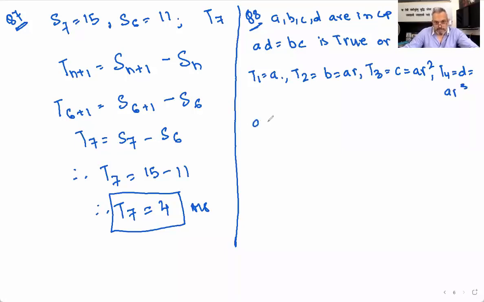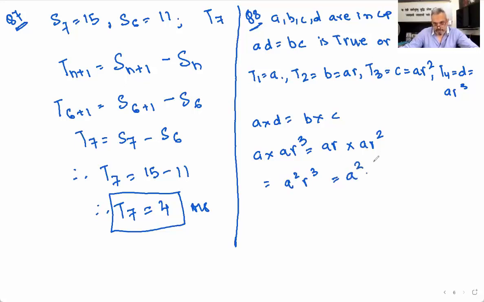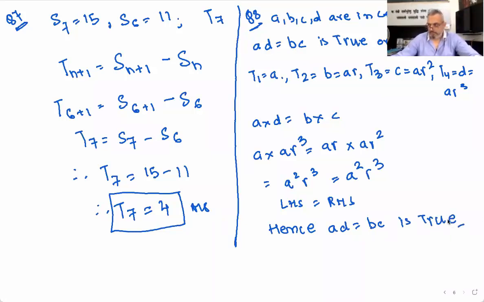Now A into D is equal to B into C. So A is A, D is AR cube, is equal to B which is AR and C which is AR square, which is equal to A square R cube, which is equal to A square R cube. So LHS is equal to RHS, hence AD is equal to BC is true. Can't argue with the truth.